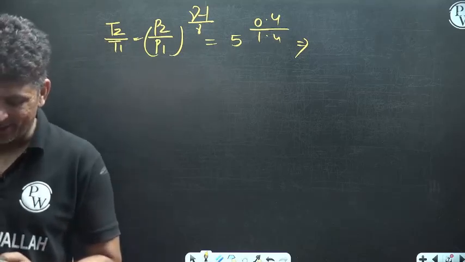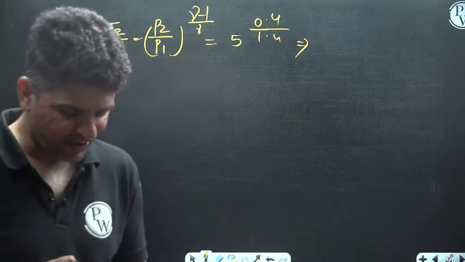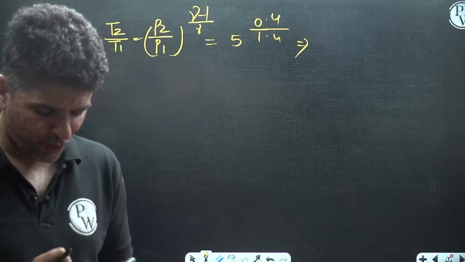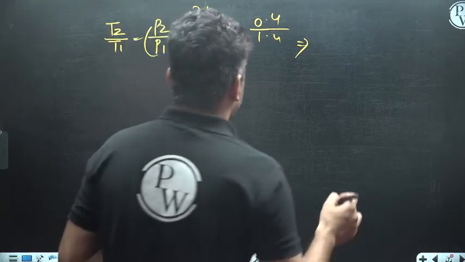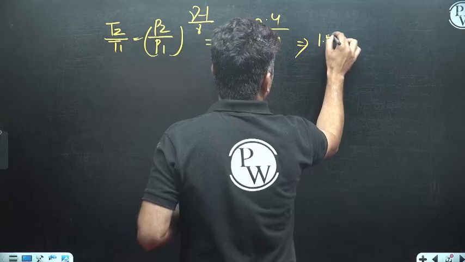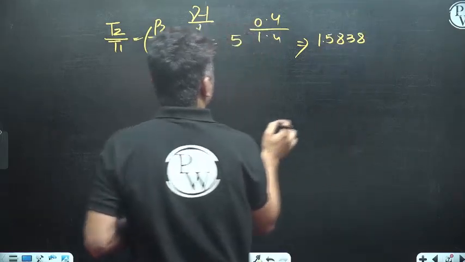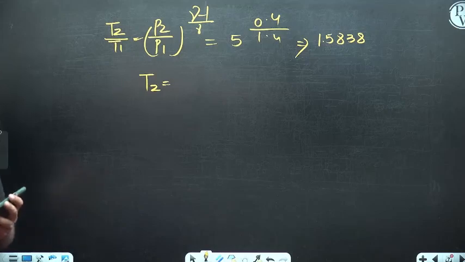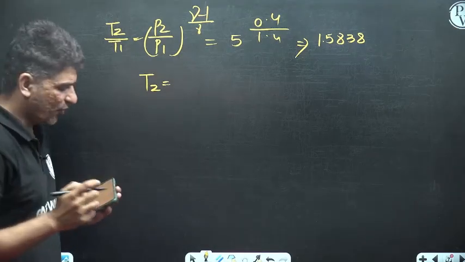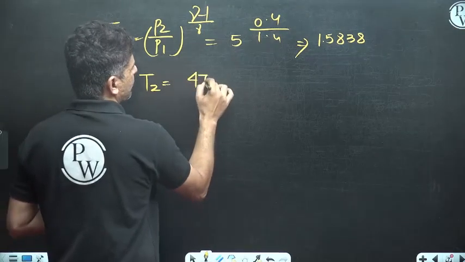So this is 1.5838. So from here you can calculate the temperature T2 at exit of compressor.